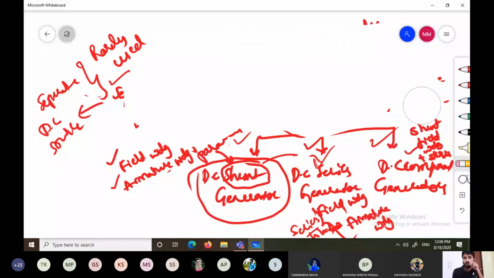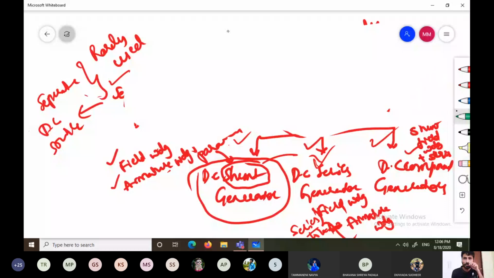Okay. See, the DC series generator. In case of a DC series generator, how many windings do we have? Armature winding and field winding.